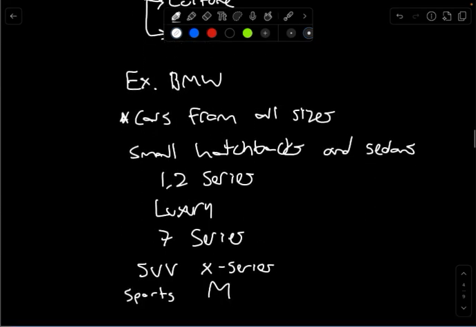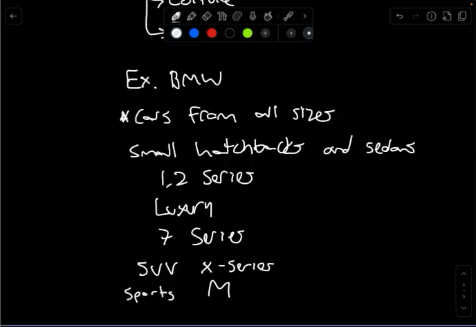And an example case study that I've included is the marketing mix of BMW. So BMW offers vehicles of all sizes, from small compact vehicles to off-road capable SUV models. For example, the 1 Series hatchback mainly appeals to young people who don't need much space and would want a compact vehicle.